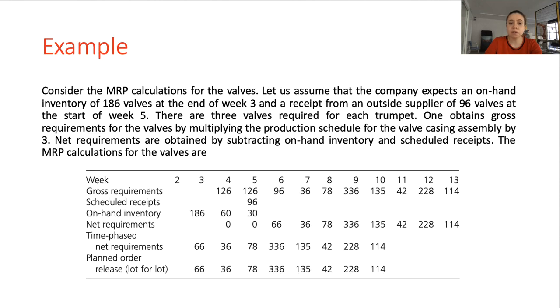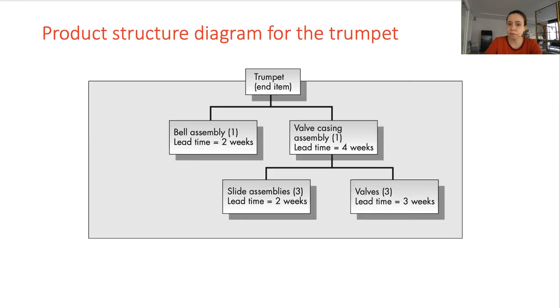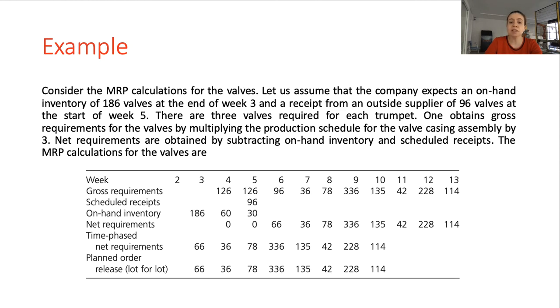And for the gross requirements, in fact we take the gross requirements of valve casing assembly, but since we need 3 valves for each valve casing assembly, we multiply the gross requirements of valve casing assemblies by 3 and obtain the gross requirements for the valves.